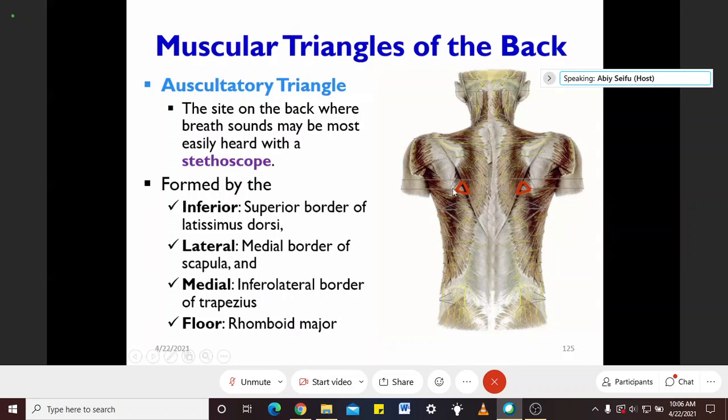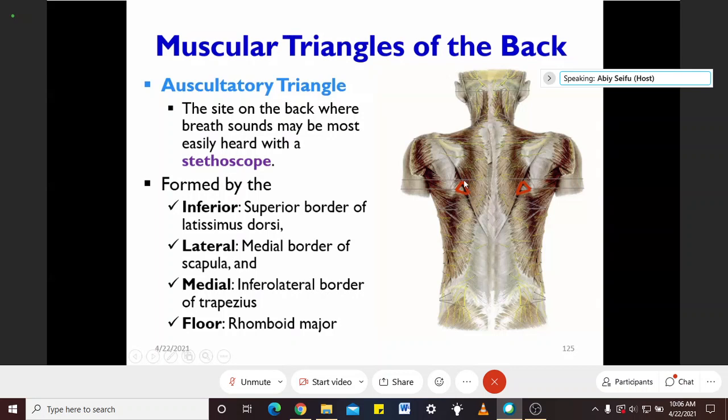This one is the inferior border, this one is the lateral, and this one is the medial one. The inferior border is formed by the superior borders of the latissimus dorsi muscles, whereas the medial border is formed by the lateral borders of the trapezius muscle.